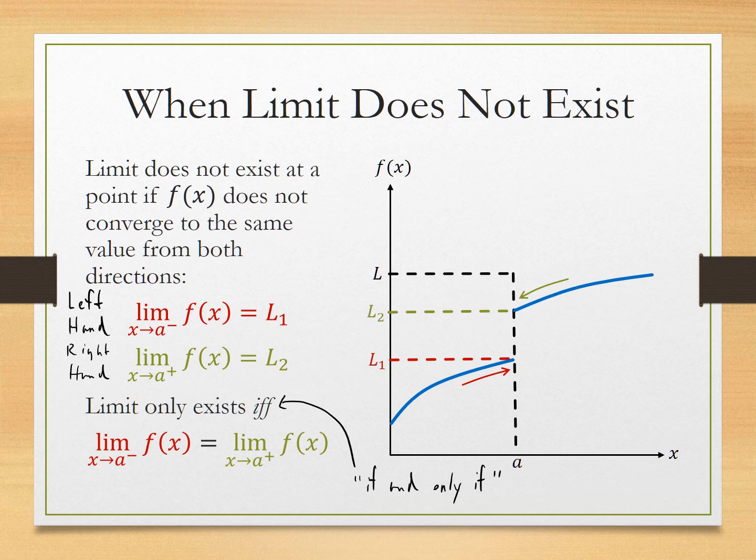It cannot be approaching one value on one side and another value on the other side. It must approach a single value from both sides for a limit to exist. So whenever you have a function that looks like a step function, the limit would not exist.